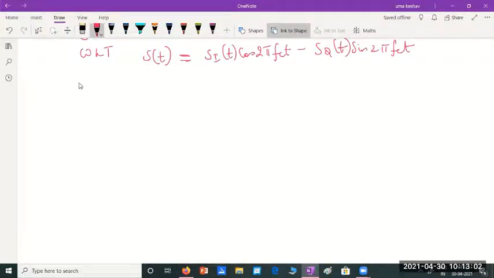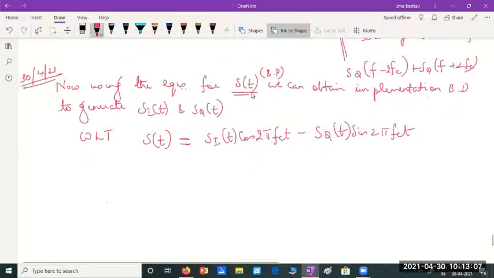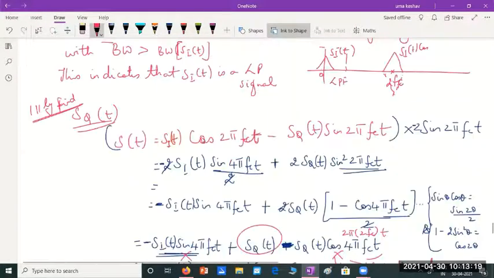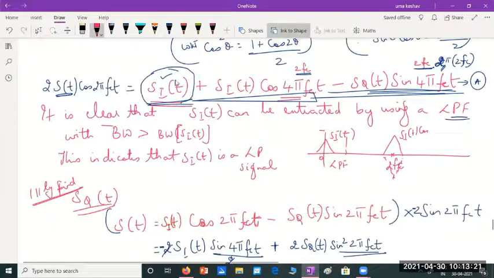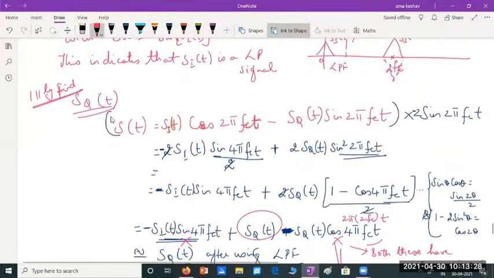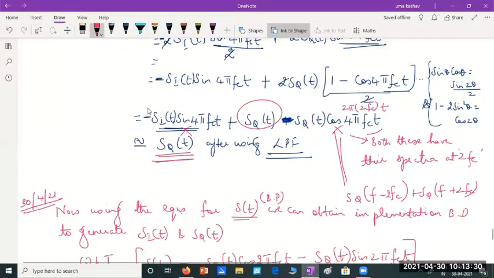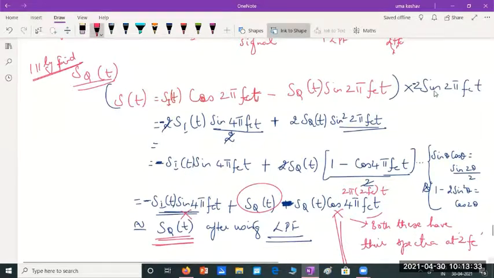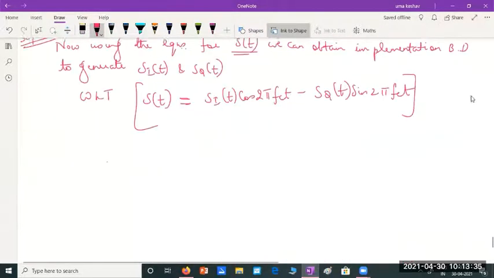If I want to find, okay, let's write this only first. Block diagram to generate Si and Sq, I can write by this equation. How will I generate Si and Sq? We have this equation. Si can be generated by multiplying S of t with 2 cos 2 pi fct, and Sq can be generated by multiplying S of t with minus 2 sin 2 pi fct.